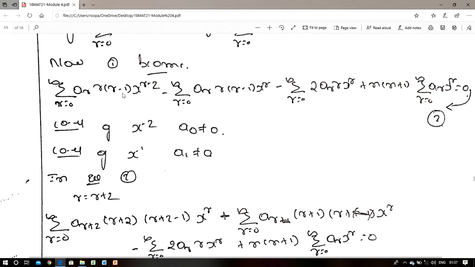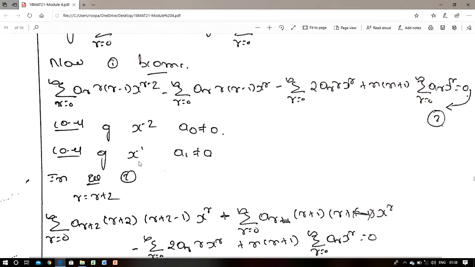Now using this equation we have to find a0, a1, a2, a3 values. First, equating the coefficient of x to the power of minus 2 means taking r is equal to 0 in this equation. Then simplifying, we get the condition a0 is not equal to 0.